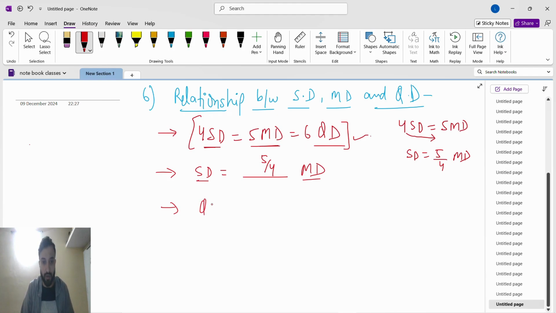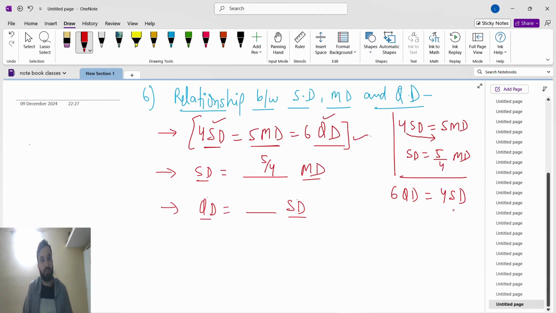Suppose they will give quartile deviation is equals to dash standard deviation. Means in the question they are talking about quartile deviation and standard deviation, so we'll take the same thing. So it is 6 quartile deviation is equals to 4 standard deviation. Just we have to find the quartile deviation is equals to.